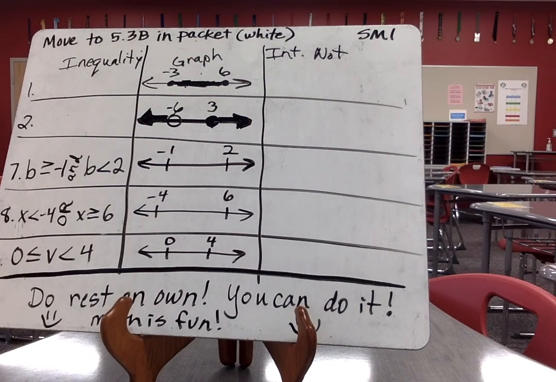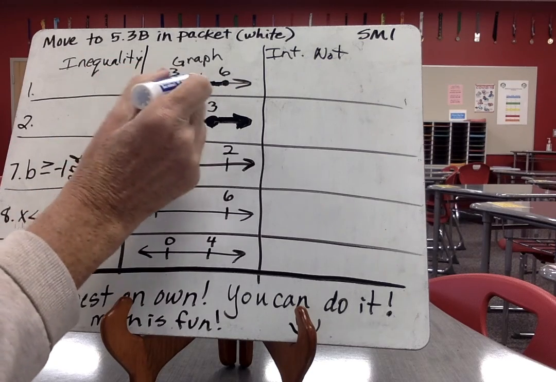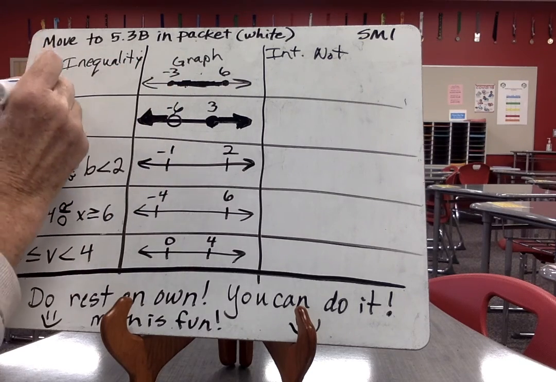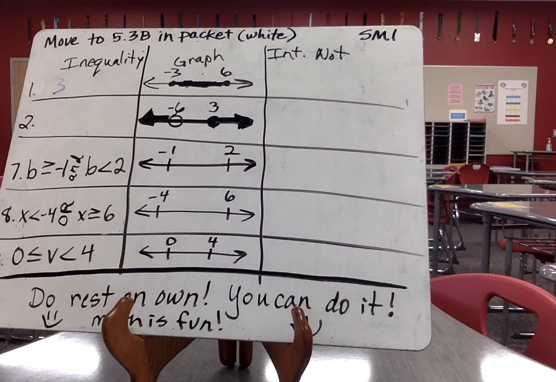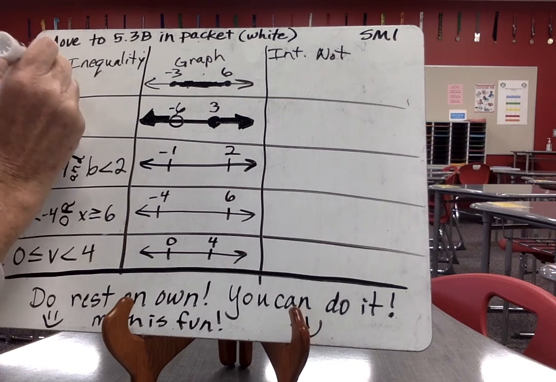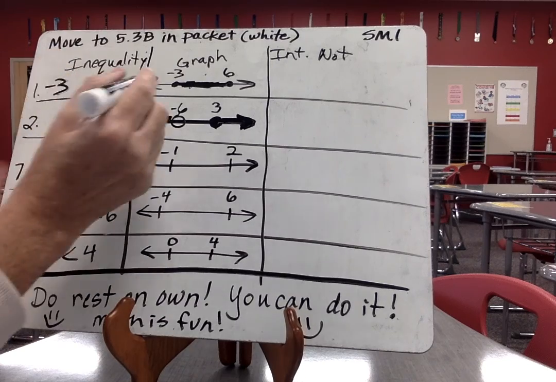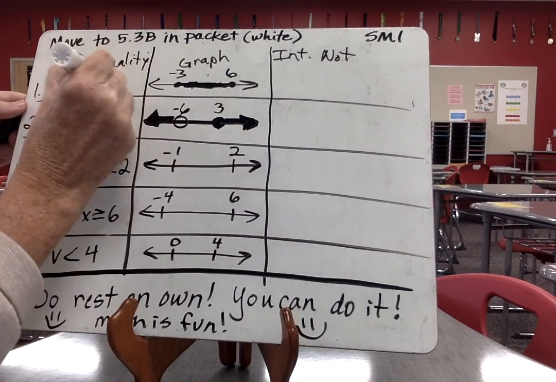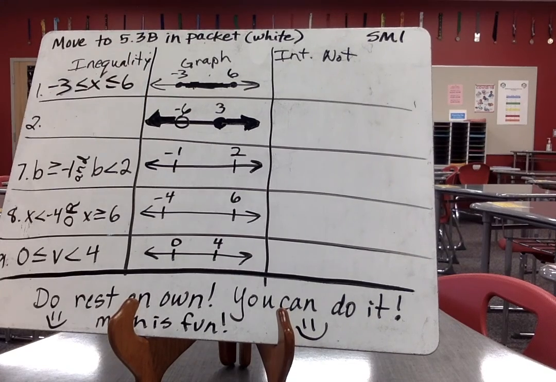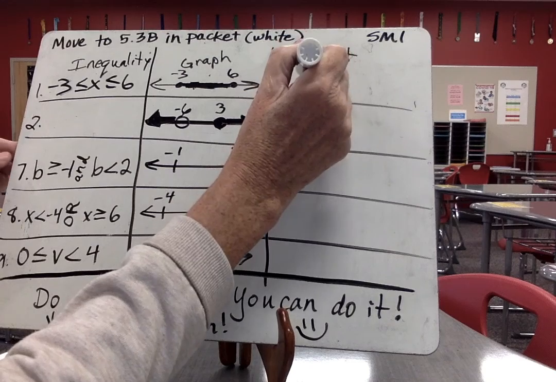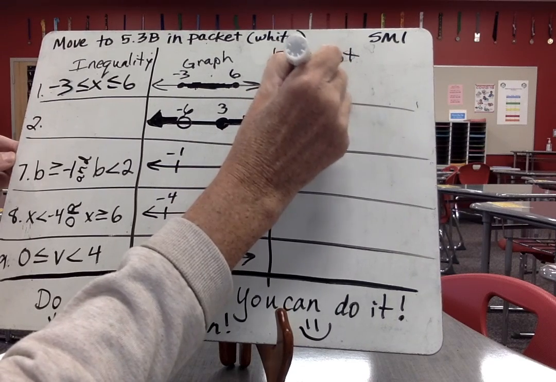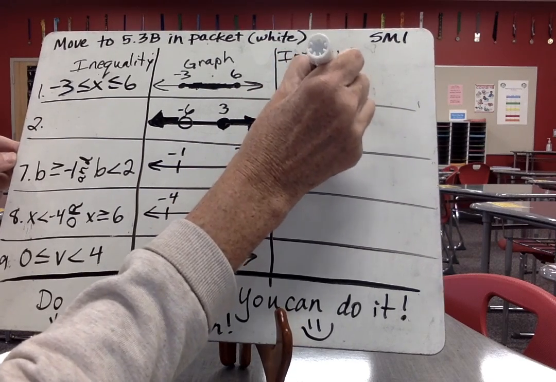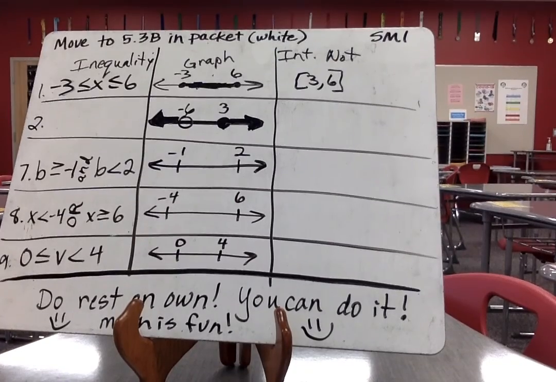The inequality is going to be an and, and we put the lowest number first. -3 is the lowest number on the graph, and it's included, so it's -3 is less than or equal to x, which is less than or equal to 6. Easy peasy, right? For interval notation, it goes from -3 to 6, and it includes 6, so it's brackets.